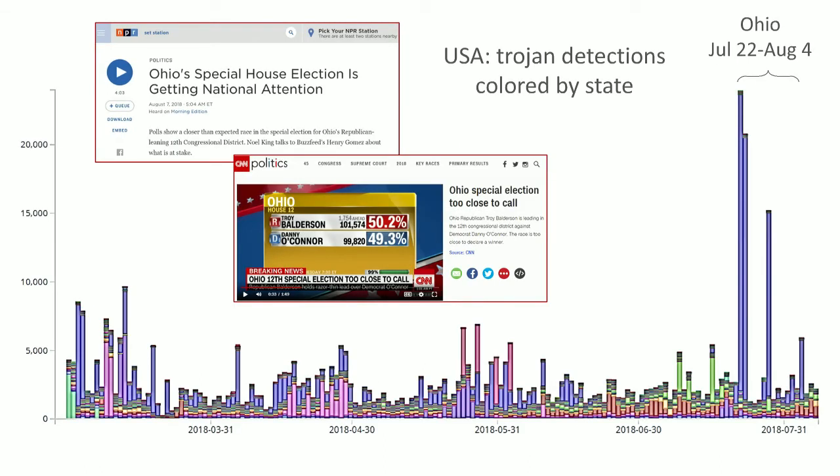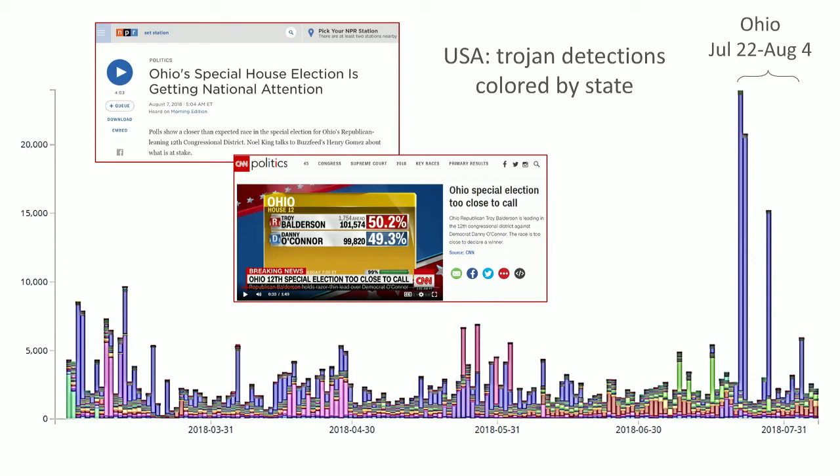Here's Ohio. They had a special election at the beginning of August. On this particular slide, I try to play with data in different ways so that it's easier to see. These are all Trojan detections in the United States for about a 6-month period, each different color is a state. All of that purple right there in the week prior to the election is Ohio.